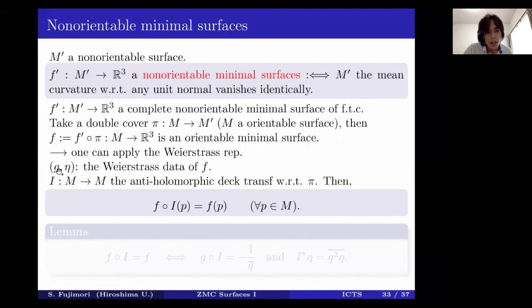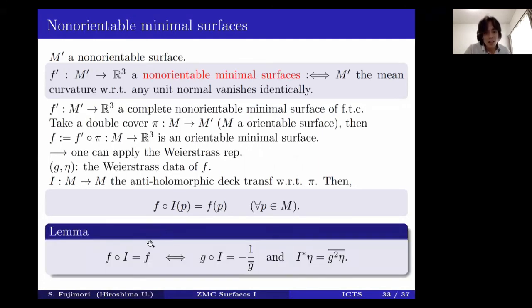So then we take the Weierstrass data of F, and let I be the anti-holomorphic deck transformation with respect to pi. Then we have that the composition of F and I equals F. And this is equivalent to the Weierstrass data satisfying these properties.